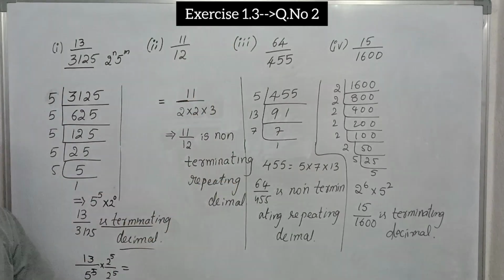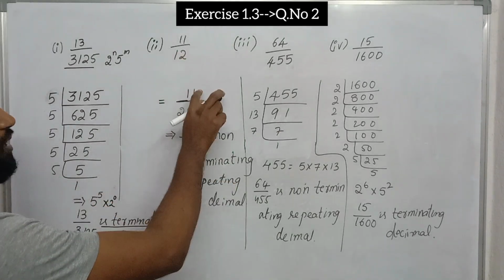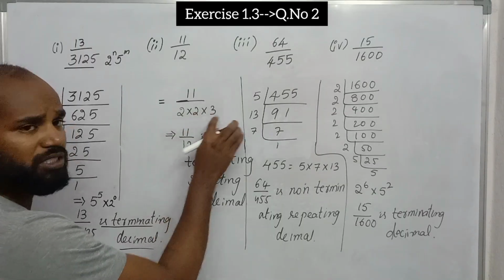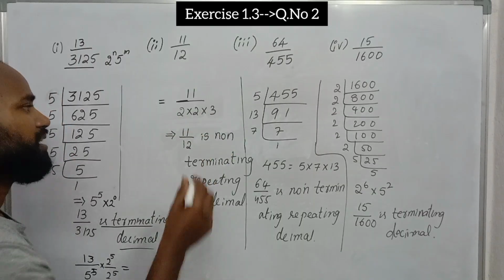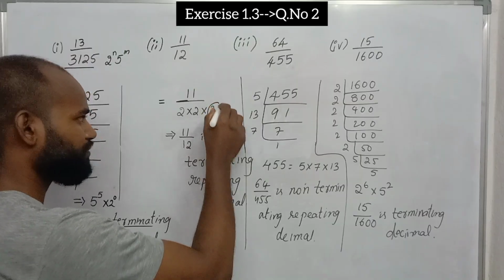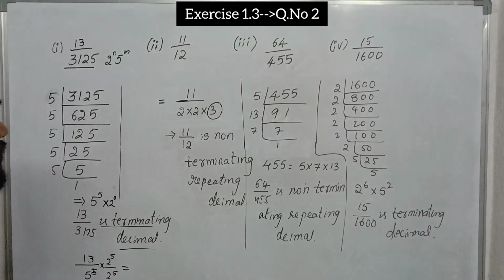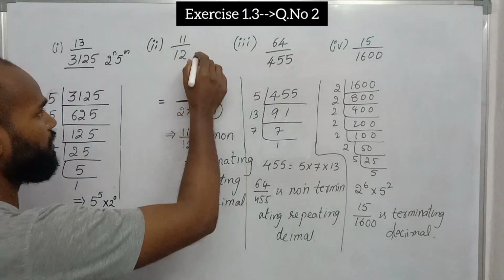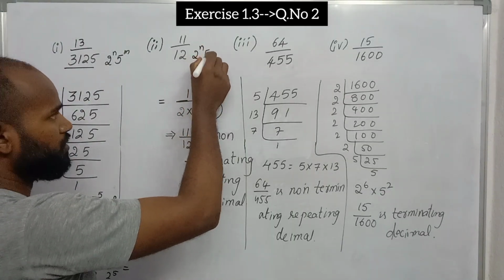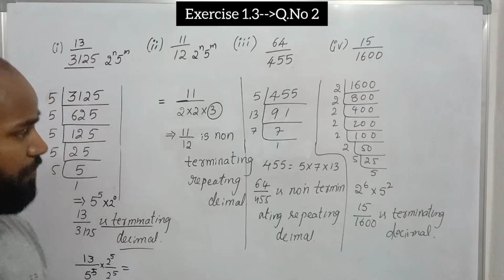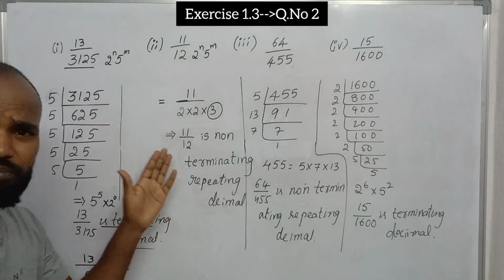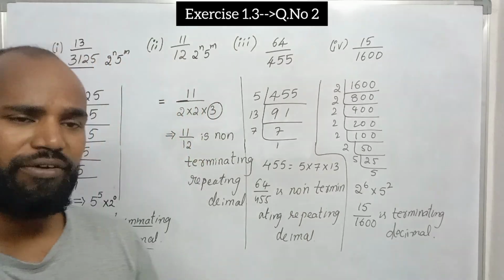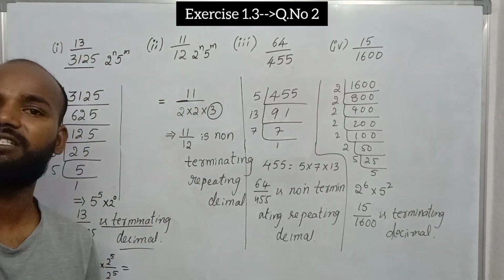11 upon 12. 12 can be written as 2 squared into 3. But here this 3 is there. So now the denominator is not in the form of 2 power n into 5 power m. So absolutely it is a non-terminating repeating decimal. If you perform the actual division also, you know that it is a non-terminating decimal.